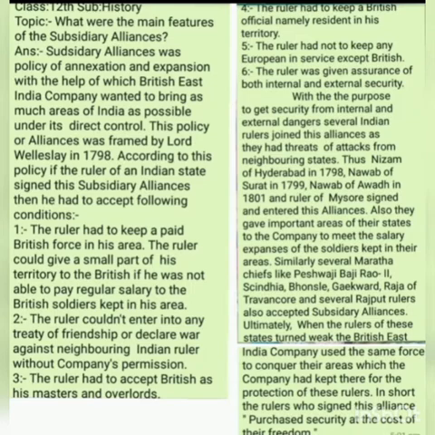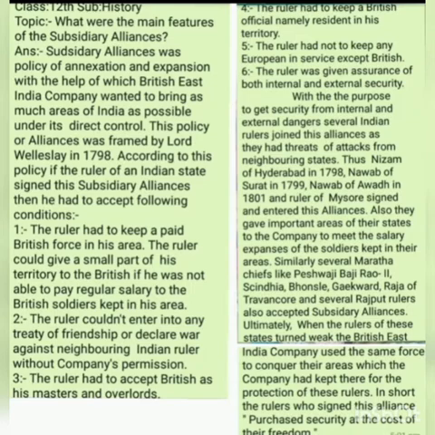Number two, the ruler who signed the alliance could not make a treaty or declare a war against any Indian ruler without the permission of the British East India Company. Number three, the ruler had to accept the British East India Company as his overlord, as his master.